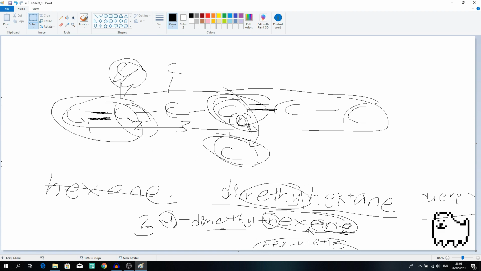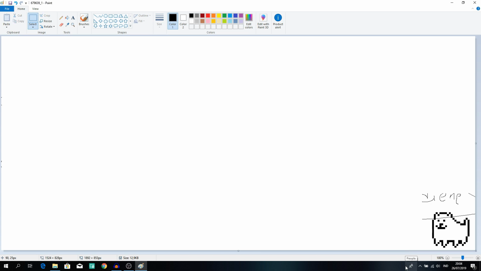You can double bond, just put "-ene"; different position, just put a number; different numbers of bonds or attachments, you just add di or tri. And that's basically the whole concept behind chemical nomenclature.